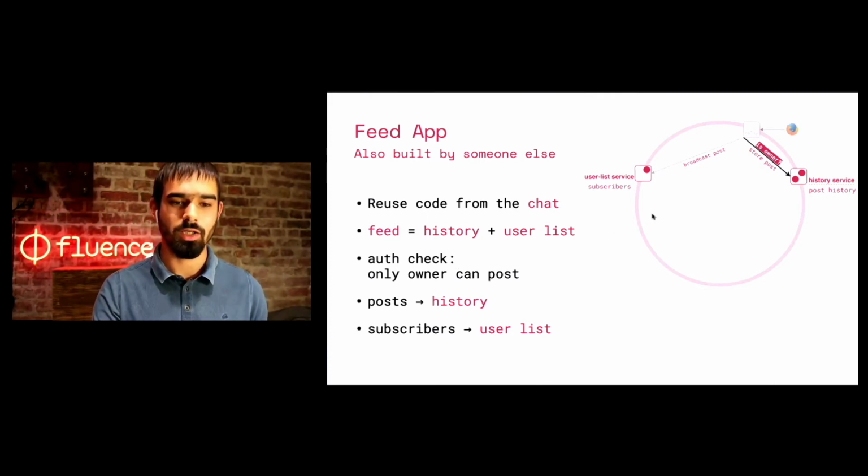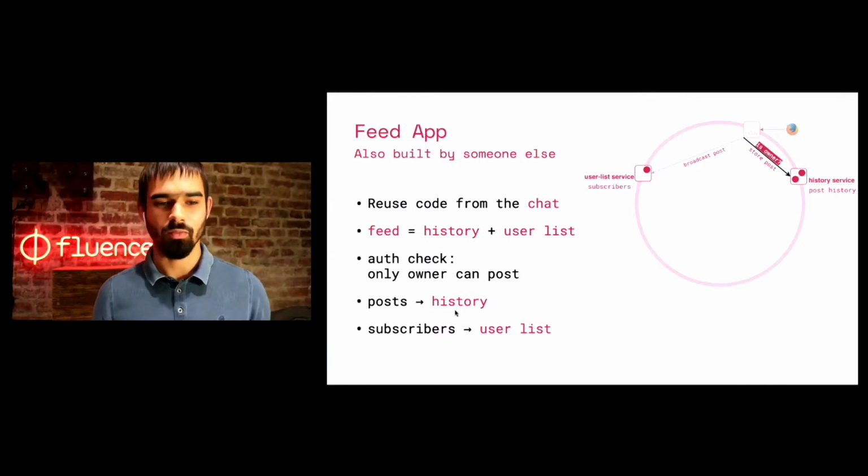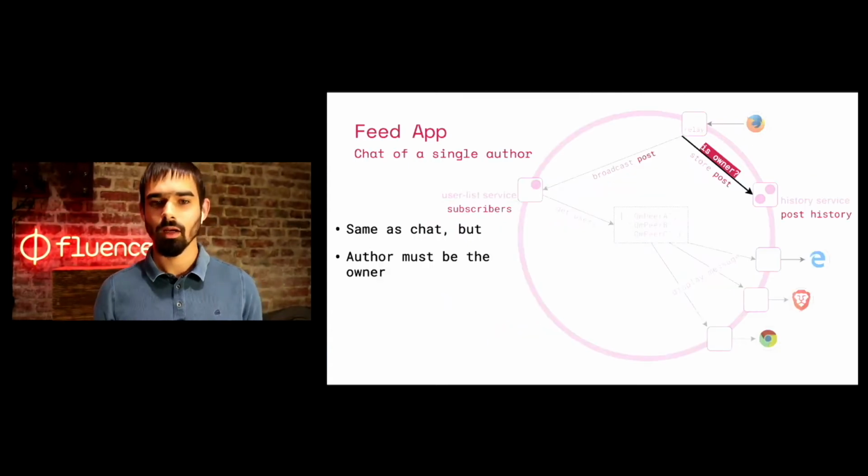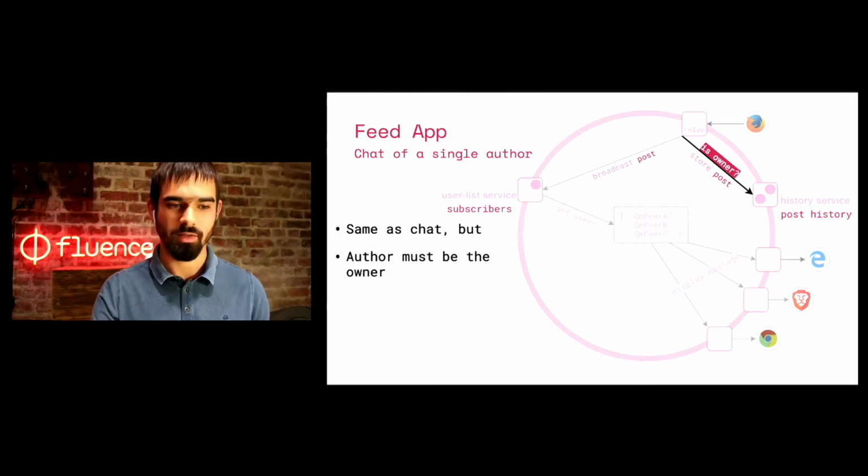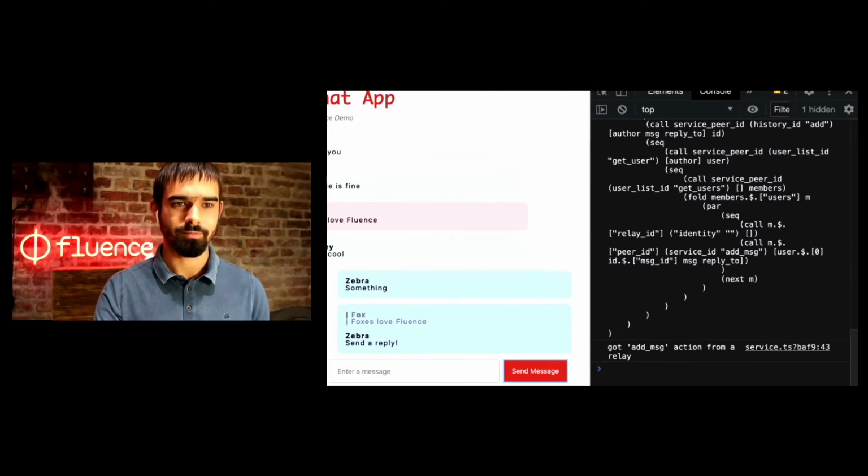The only change is that we store posts in history, we store subscribers in the user list, and here we check if the client that tries to store the post is the owner of the service. And then we have the same interaction for broadcasting posts. Let's take a look at the demo.